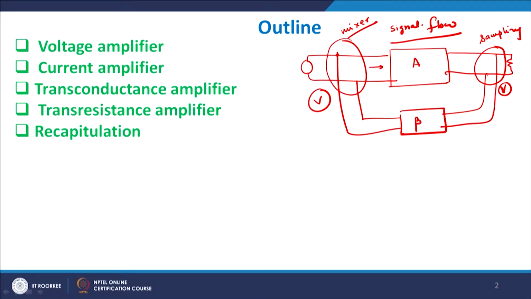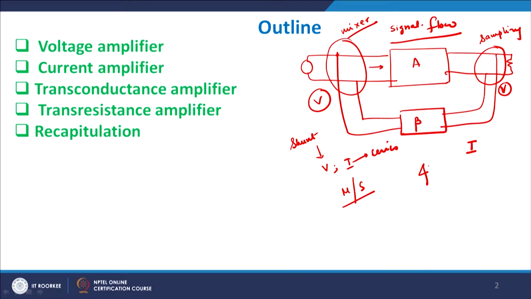So, parallel basically means a voltage feedback network. Similarly, if you have series extraction, then you have current extraction. So, we have 2 notations, current and voltage. Current voltage is shunt because it is parallel, and this is your series. Then you also have voltage and current as the 2 parts, and therefore 2 mixers and samplers.